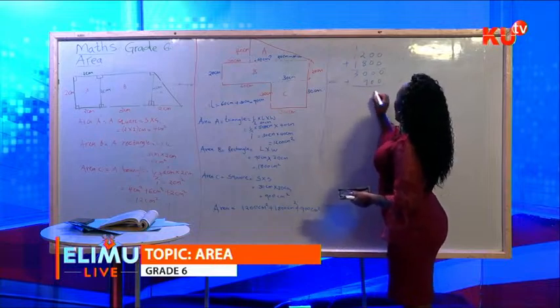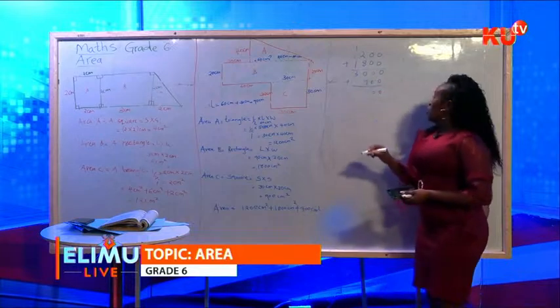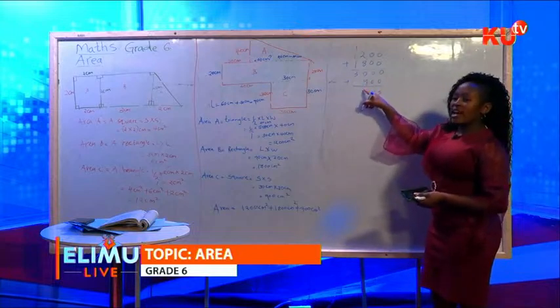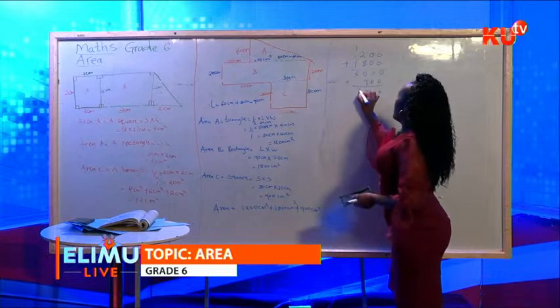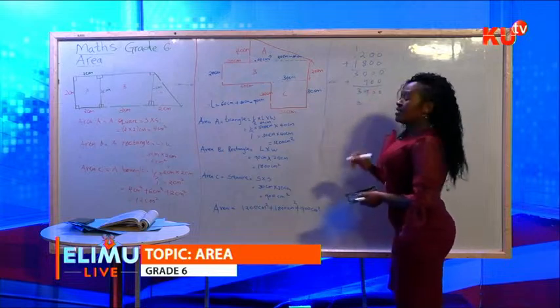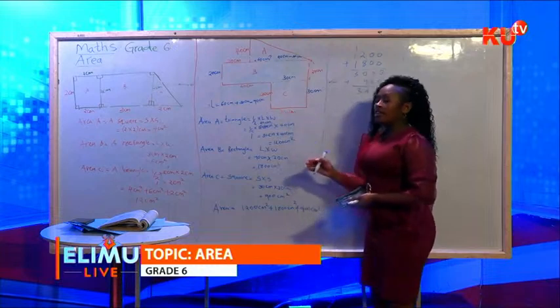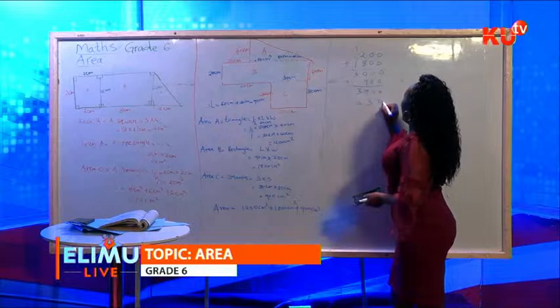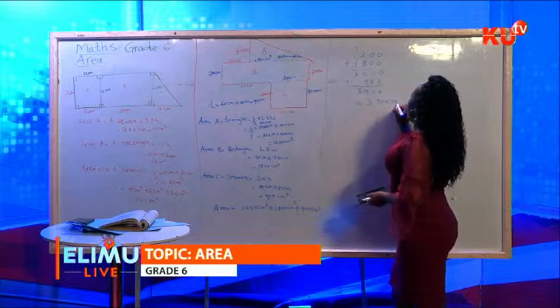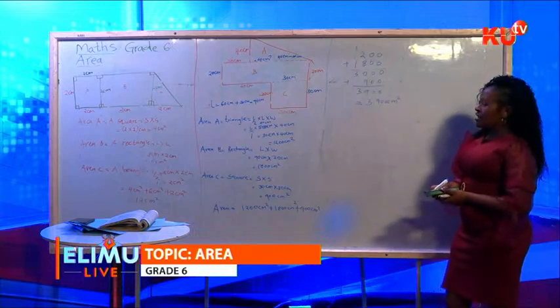You will get the answer as 0 plus 0 is 0, 0 plus 0 is 0. You have 0 plus 9, which is equal to 9, and then 3. So the answer to our figure here, which you are supposed to find the area, will be 3,900 centimeter squared. Are we together, learners?